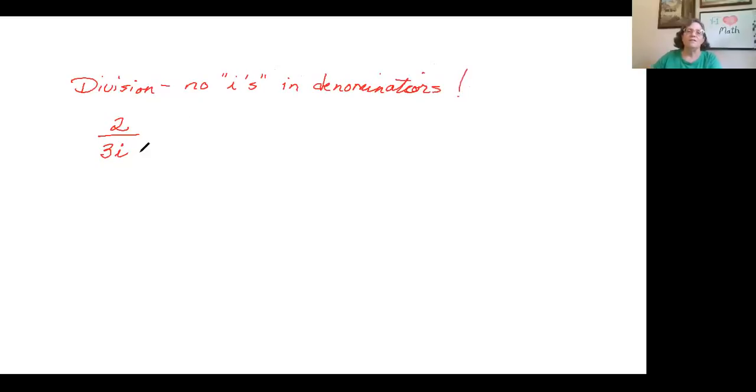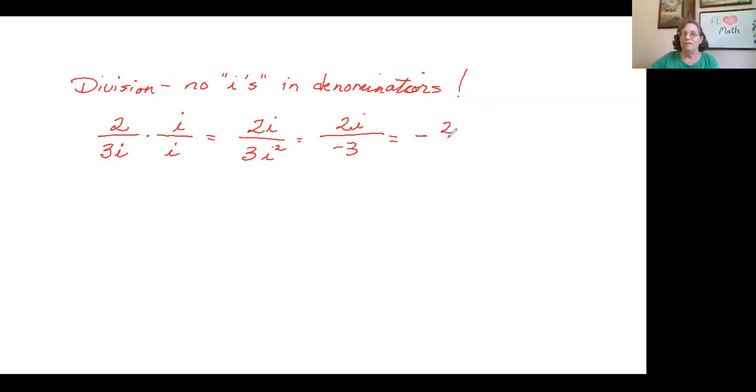Now in this case, because there's only one term down here, we can actually get the i out of the denominator by multiplying top and bottom of this by i over i. It's going to become a 2i in the top, but it'll become a 3i squared in the bottom, so that we've got 2i over negative 3.